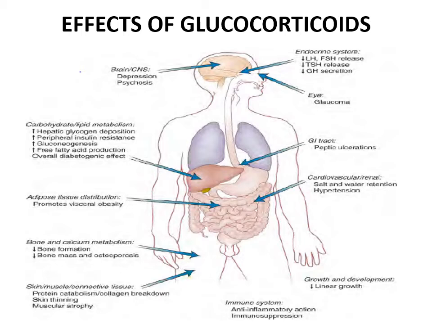Now what are the effects of glucocorticoids? So first, on general metabolism. Glucocorticoids increase blood glucose concentrations. So this is the basic effect of glucocorticoids on metabolism.